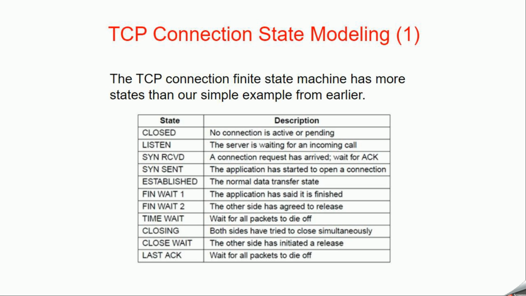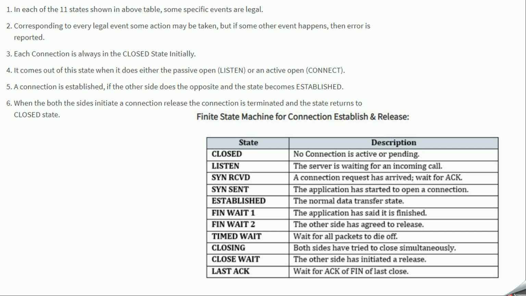I know these states when described here are quite theoretical, but to make it much simpler, the pictorial representation of the TCP state diagram is shown here. Before going to the pictorial representation, let us see the process that is followed. There are 11 states as we have described, and some of these events are legal.